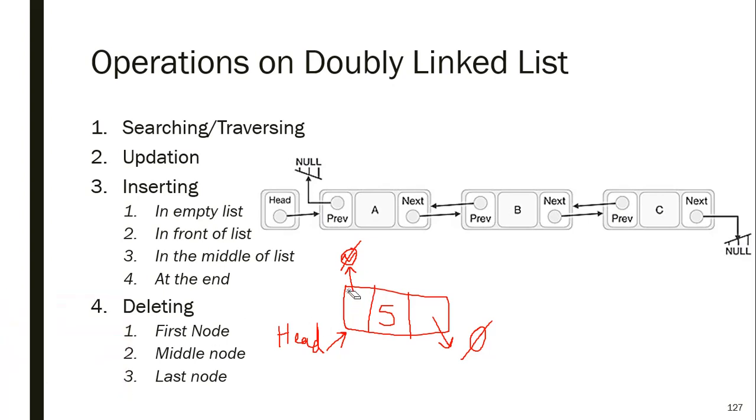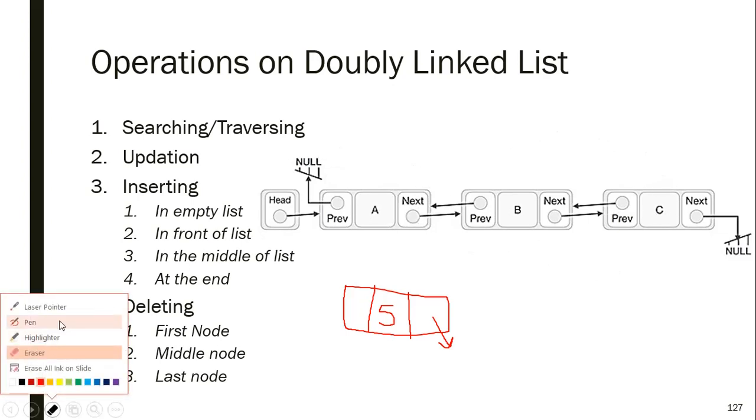Now suppose I have got this node and I want to insert it in the front of a list which has previously got some elements, for example 3 elements here. I want to insert it in front.